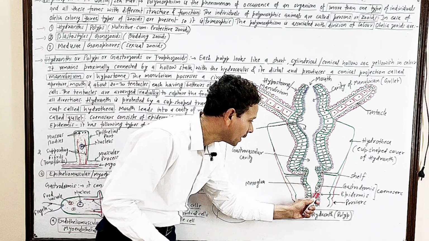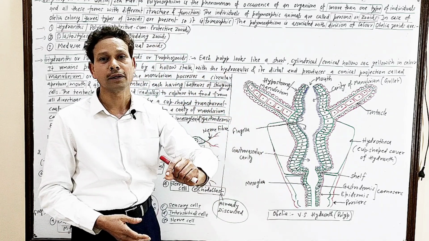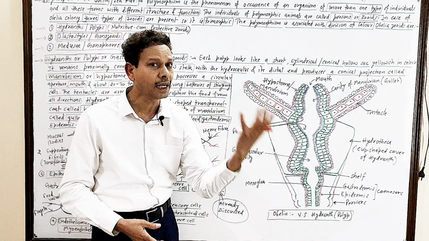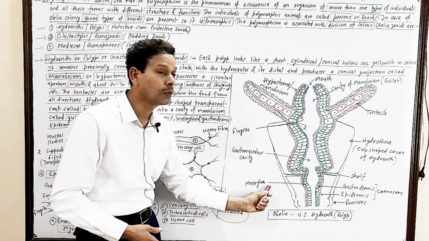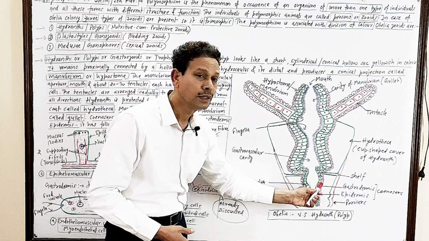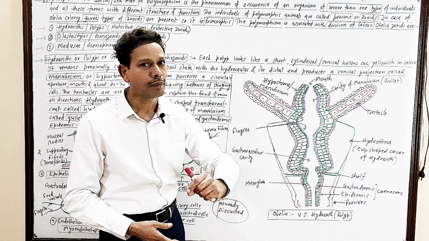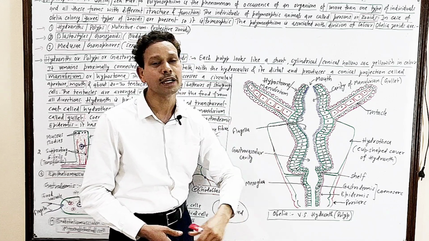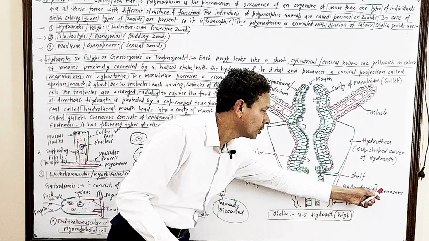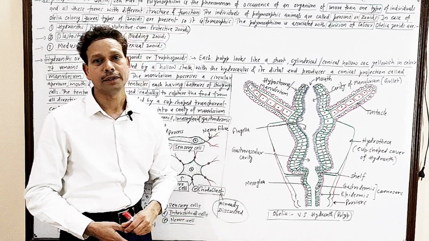Between these two layers is another layer which is non-cellular, a gelatinous layer. This one is mesoglea, and all these three layers, epidermis, mesoglea and gastrodermis, collectively constitute coenosarc.